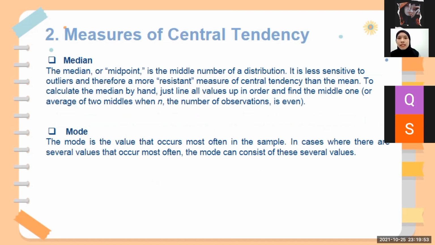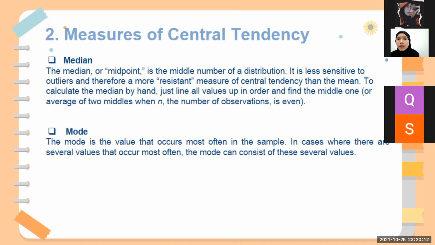Next is the median. The median, or midpoint, is the middle number of a distribution. It is less sensitive to outliers and therefore a more resistant measure of central tendency than the mean.